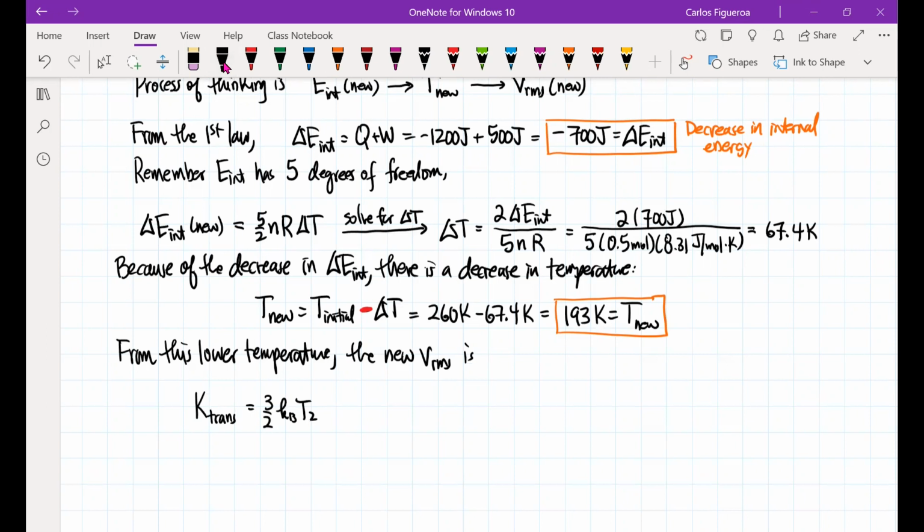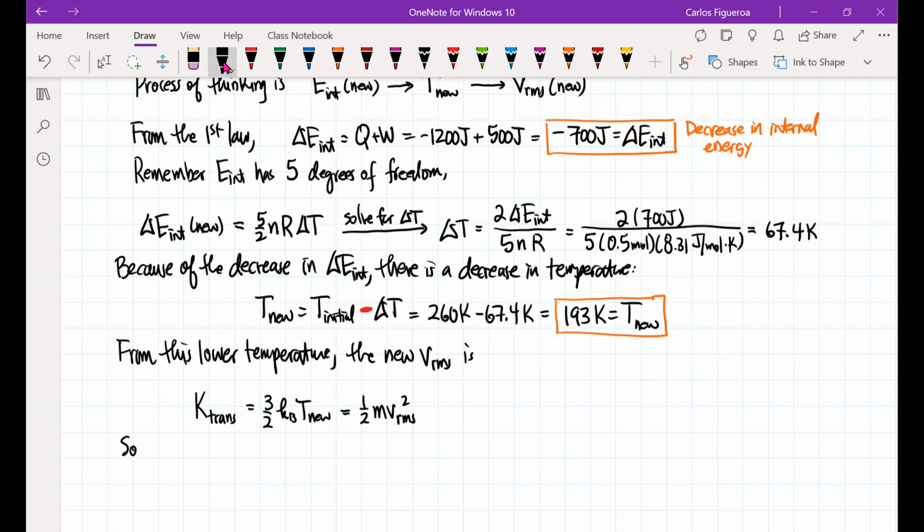Remember, that's really the equipartition theorem thinking, but this is also equal to K RMS. So now I'm going to solve for the new RMS value.